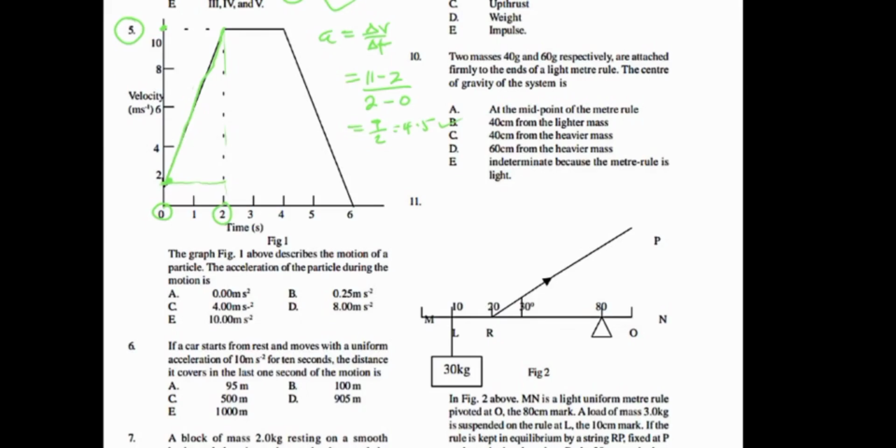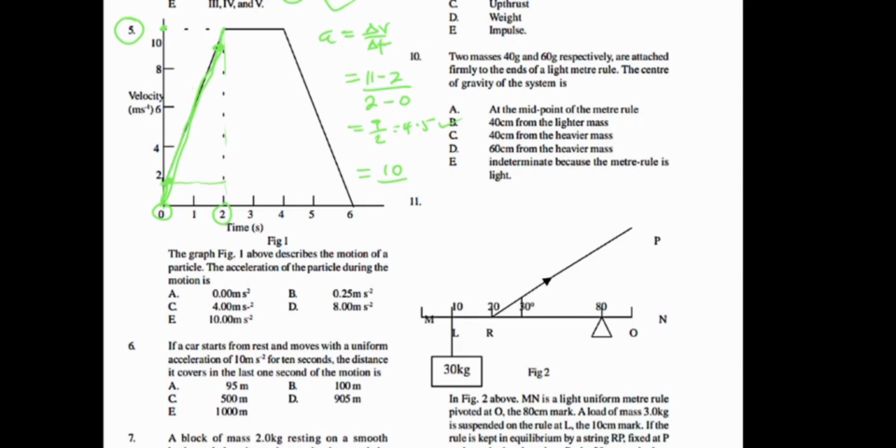Looking at the options, I'm feeling this is a kind of drawing error. I was thinking maybe it should start from 0 and get to 10, possibly. So from that point we can have 10 minus 0, so it will give us 10 divided by 2 minus 0, which is 5.